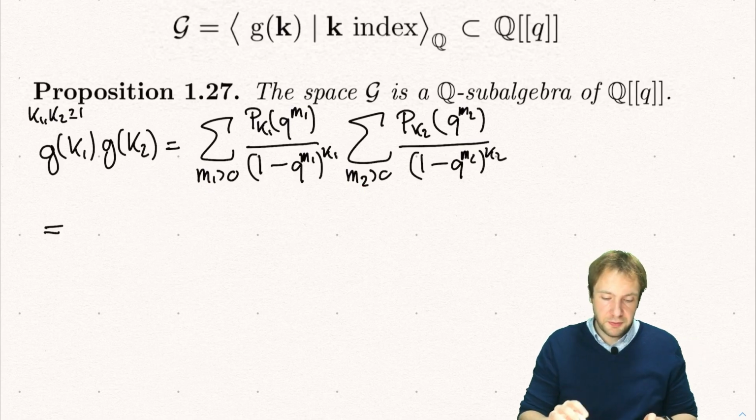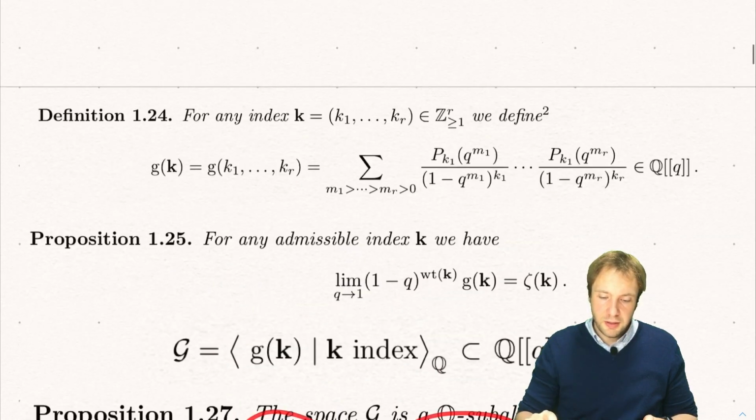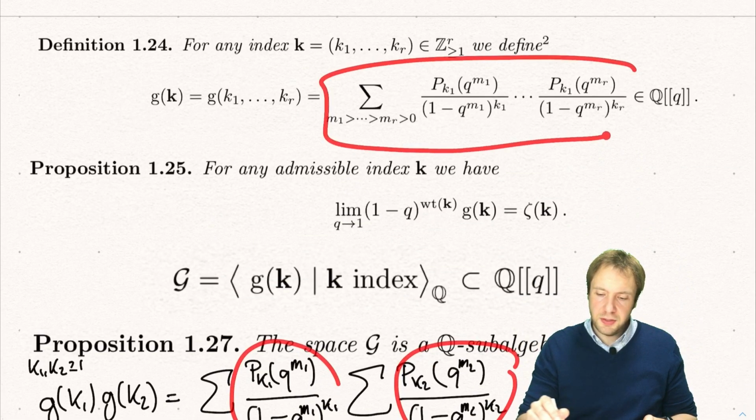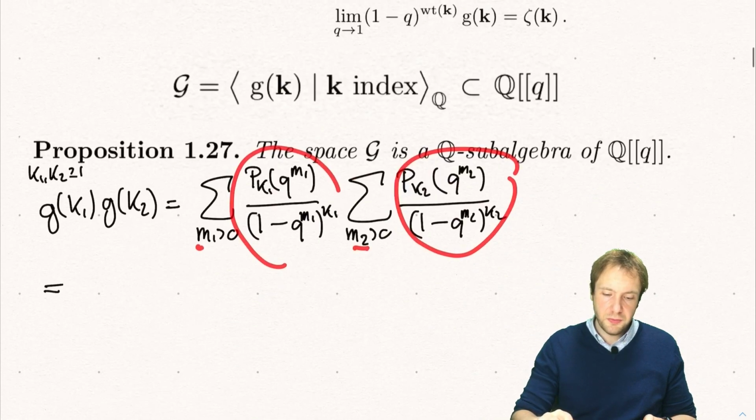For the first of these, if m1 is greater than m2 and I take the sum over these two, then this is just the definition of G in depth 2.